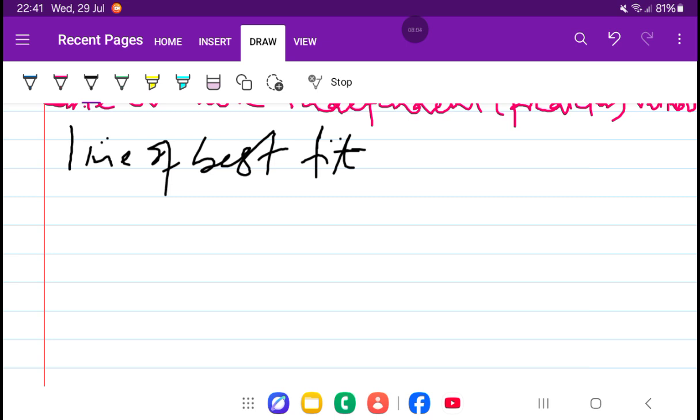You can just assume and draw it, as long as it cuts most of the points, in the middle, halfway through the values.